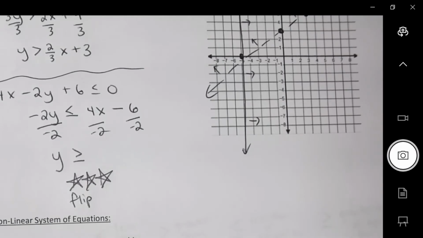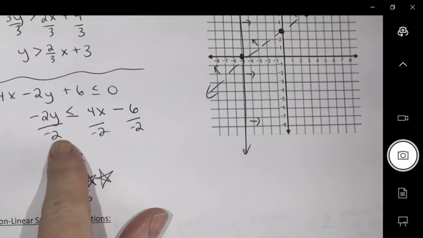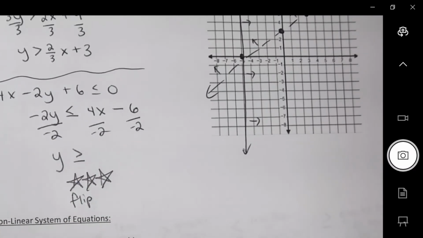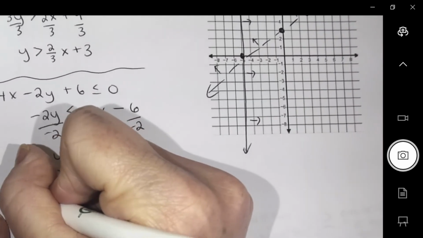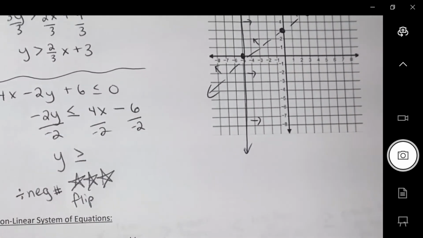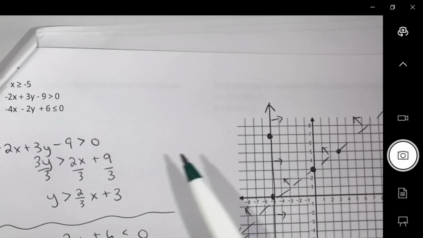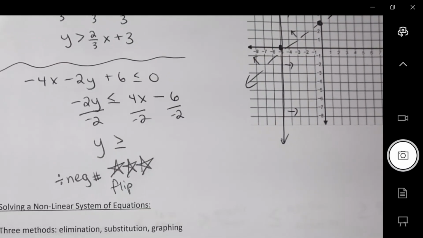So the reason is whenever algebraically you divide by a negative, that's what it does, or multiplying by a negative. The last time I didn't flip it because I was dividing by a 3. This time I'm dividing by a -2, so it does a flip.